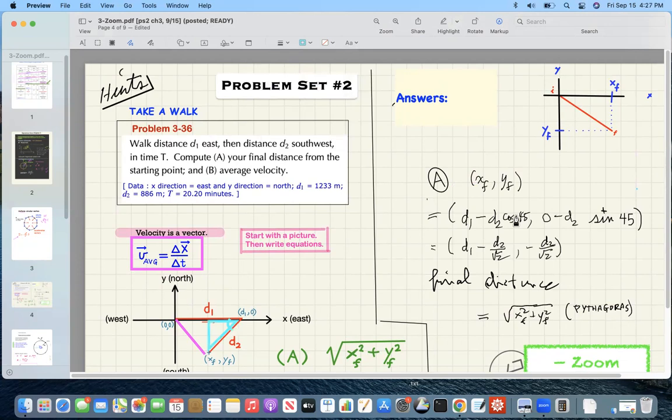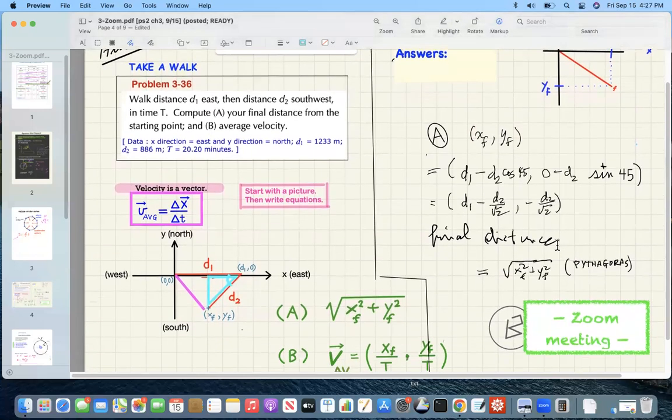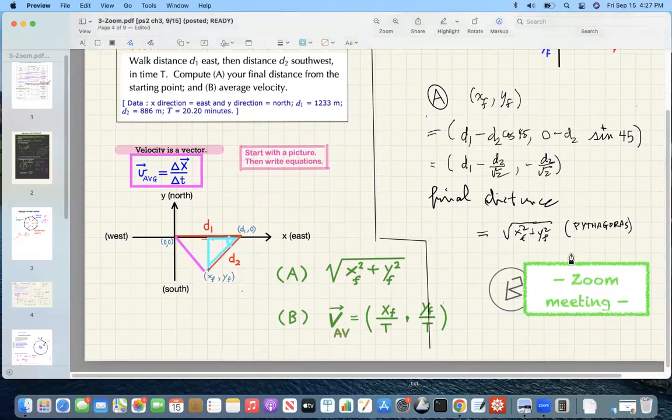Cosine of 45 degrees and sine of 45 degrees are both equal. They're both 1 over the square root of 2. So here's xf and yf, in terms of the given values of d1 and d2. And the final distance is just this squared plus this squared.